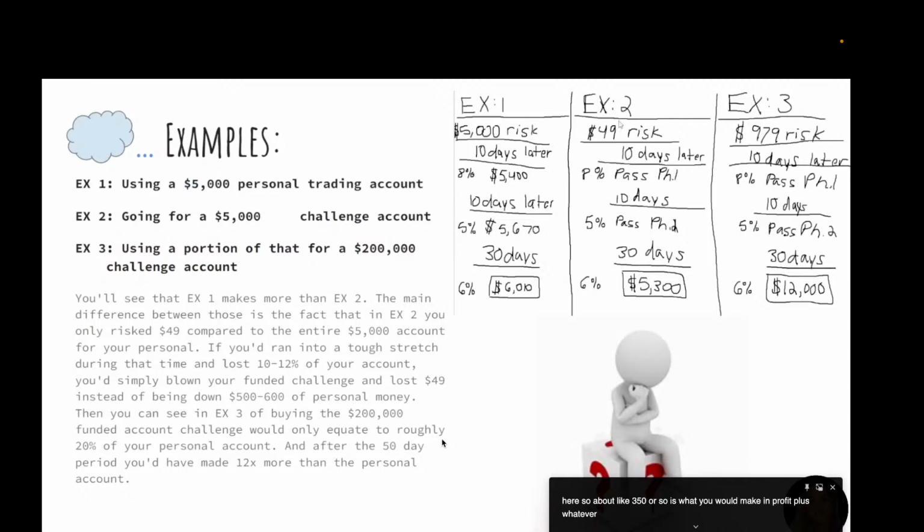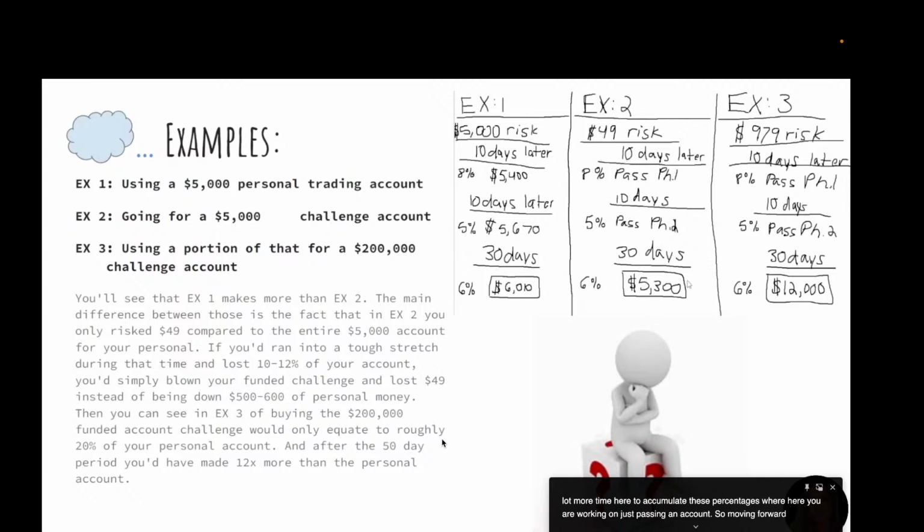This is a lot of work for 50 days to just make $300, but the potential now to consistently stay trading $5,000 with only ever actually risking $49 versus the true $5,000 is much nicer. Remember, you had a lot more time here to accumulate these percentages, where here you were working on just passing an account.